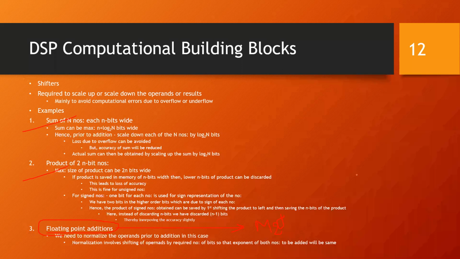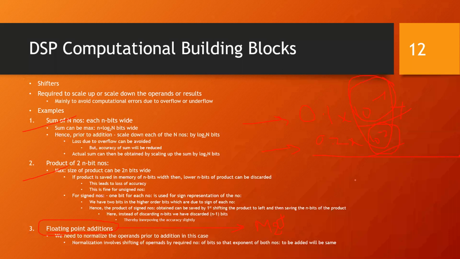If I want to add two numbers, for example, 0.1 into 10 raised to minus 1 plus 0.2 into 10 raised to minus 2, I have to see that the exponents are the same. Here it is 10 raised to minus 1, but here it is 10 raised to minus 2. Either you convert such that both have the same exponents.